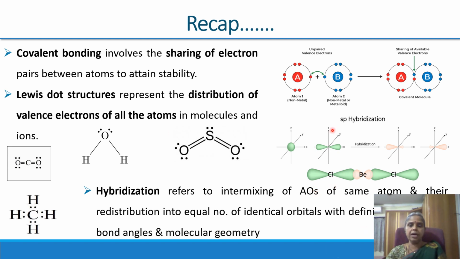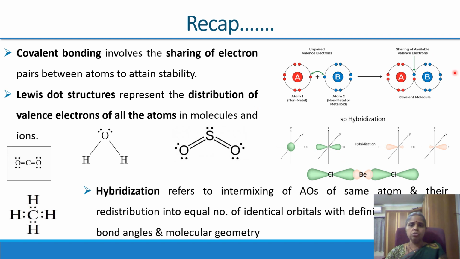You can also see the hybridization depicted here. There is one s orbital and one p orbital. So this is sp hybridization, and because two orbitals are participating in hybridization, you get two hybrid orbitals, and the two hybrid orbitals overlap with the p orbitals of the two chlorine atoms, so as to form the linear beryllium chloride molecule.